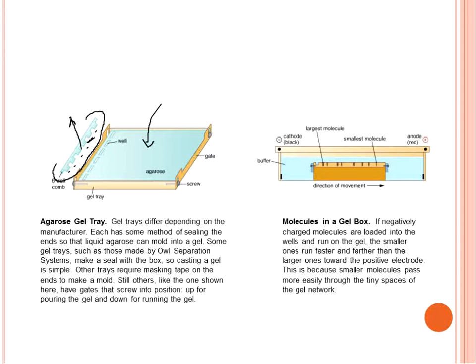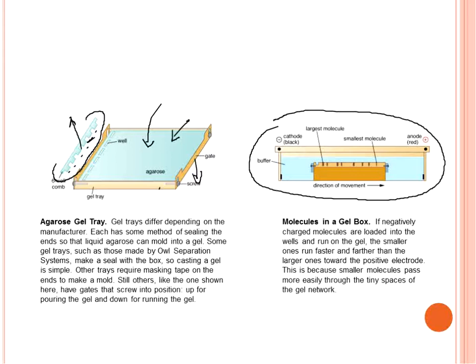Okay, and then once the gel is set, it is like Jello, right? Solid. Then you can drop the gates and place the gel tray in the gel box. Here is your gel box, right? So here is your gel tray that came from here. That's the gel tray. Okay. Now you cover the whole thing with electrolyte.